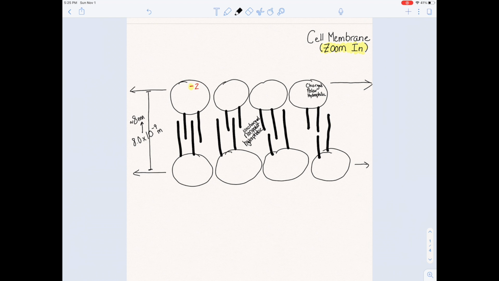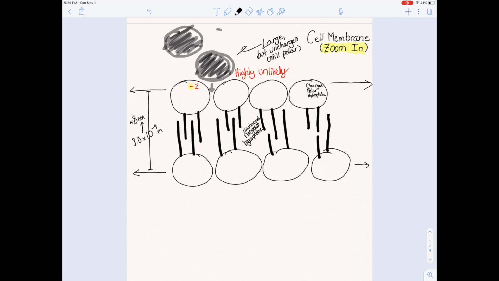So now we're going to look at large and uncharged polar molecules. These are also going to be highly unlikely to pass through the cell membrane. Again, they're way too big.